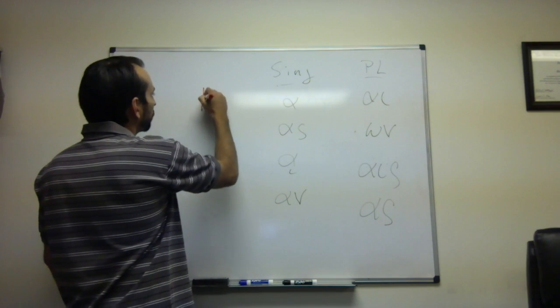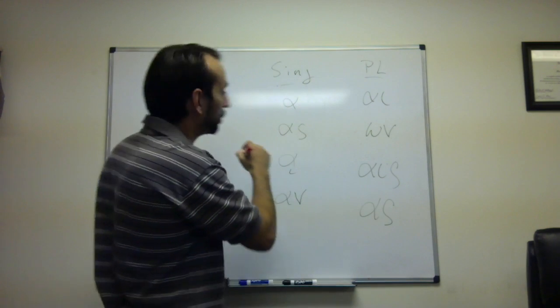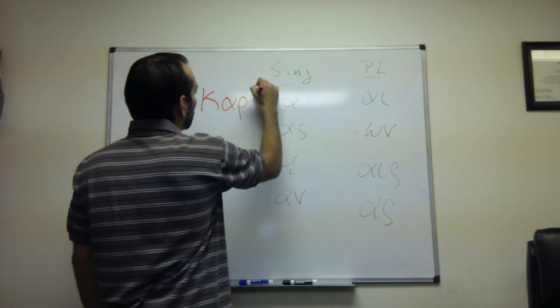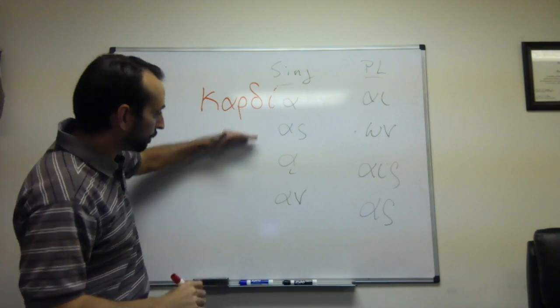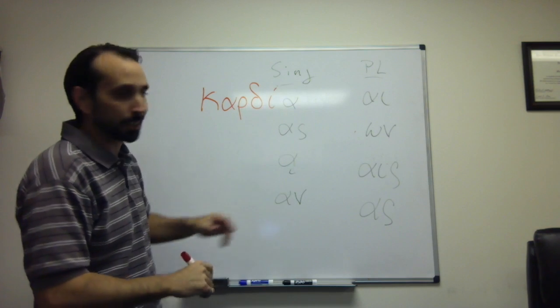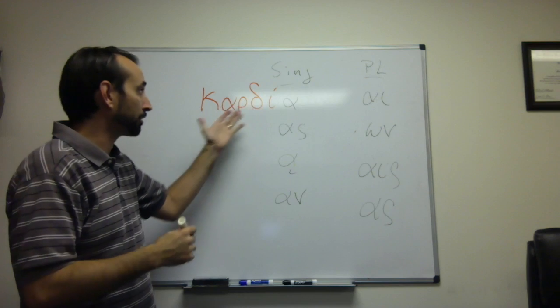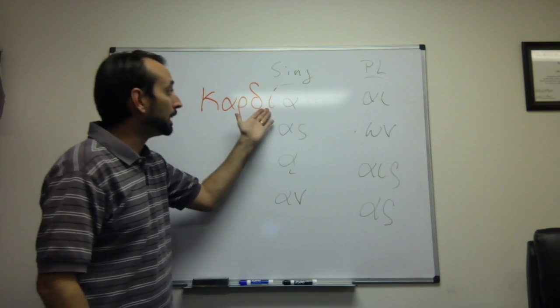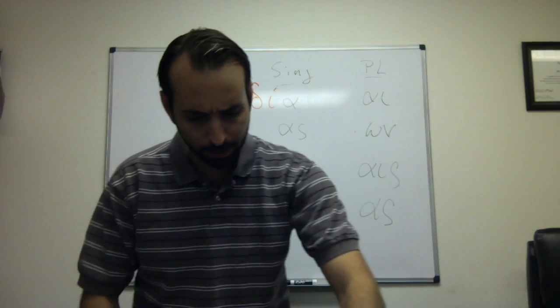And so to see the word, they give you on chart 5.2 a sample word here, cardia, which is heart. So cardia, if you follow that pattern, if I were to write cardia in all of these and just add these endings to it, that's what it looks like when the word is inflected. So if I said take cardia, which is the vocabulary term, and inflect it, I think there's some exercises.